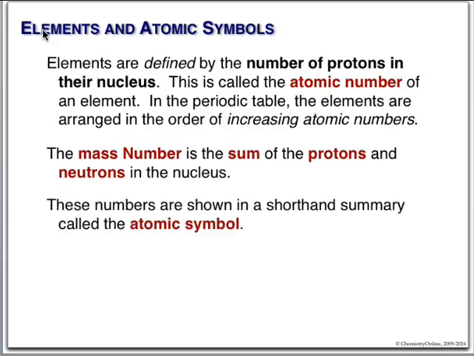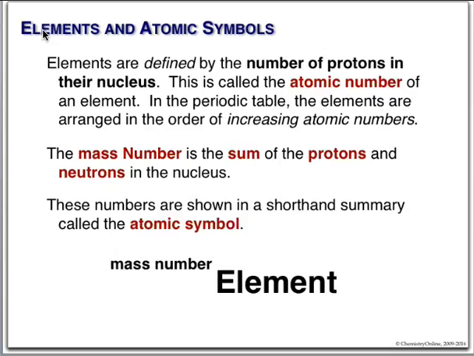We said we could write an atomic symbol for every element. And the atomic symbol would contain 3 things. First, we would take the symbol for the element from the periodic table, so over here. As a superscript or subscript, we would put the atomic number. And as a superscript here, we would put the mass number.